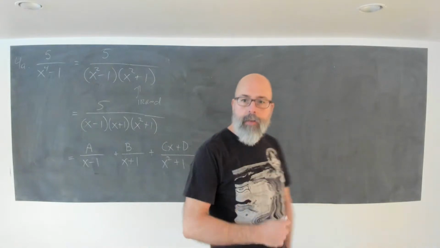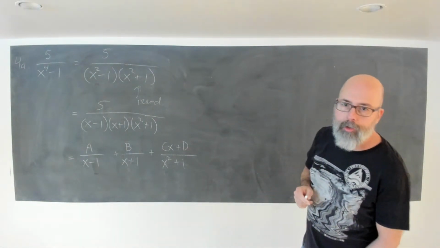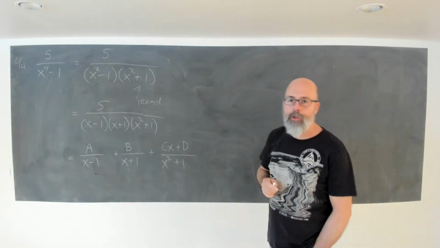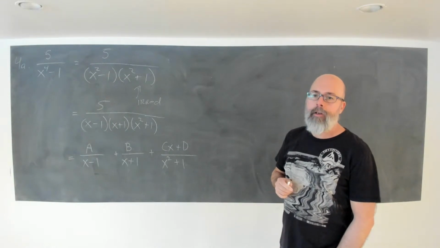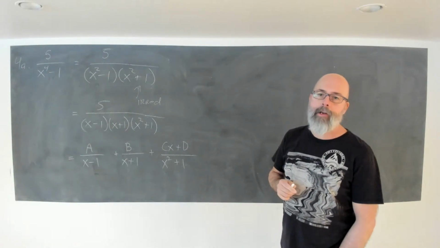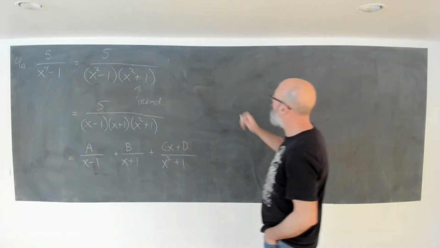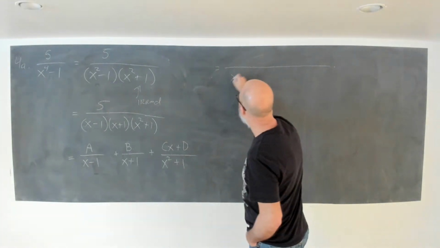Sophia is asking if the denominator was degree 4, then the numerator would look like ex cubed plus fx squared plus gx plus h. Somebody want to answer that? Is that correct? In the meantime, we're going to put everything back over a common denominator.